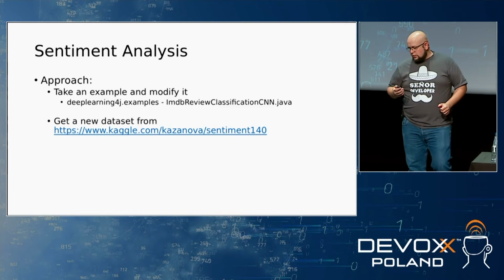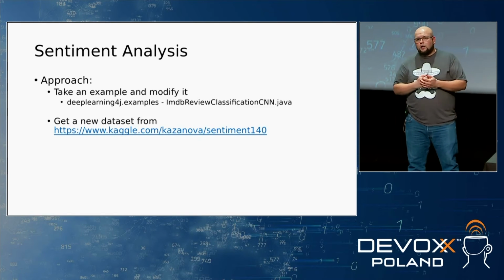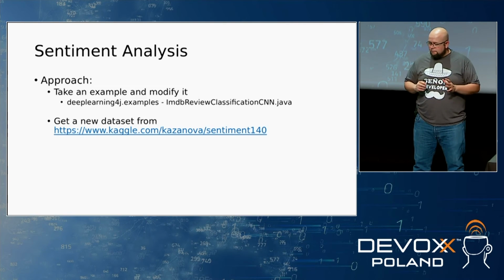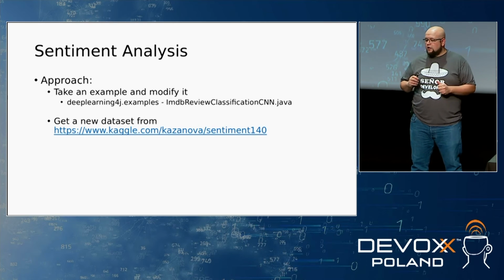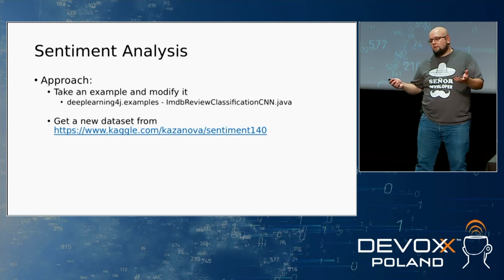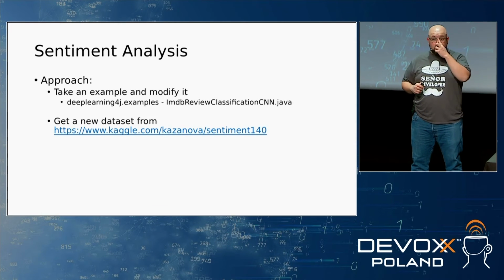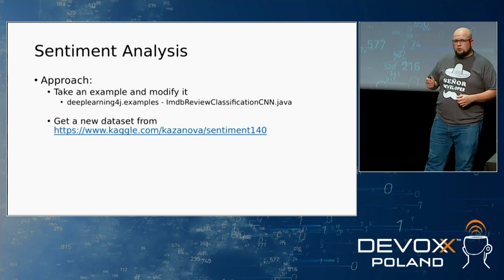So now let's talk about the example of sentiment analysis. Here the approach is that we're going to take an example from the Deeplearning4j examples library, and we will modify it. And we will get a new data set from Kaggle.